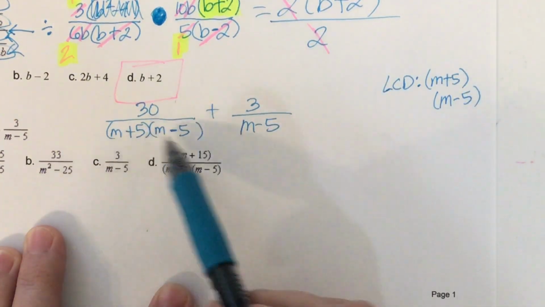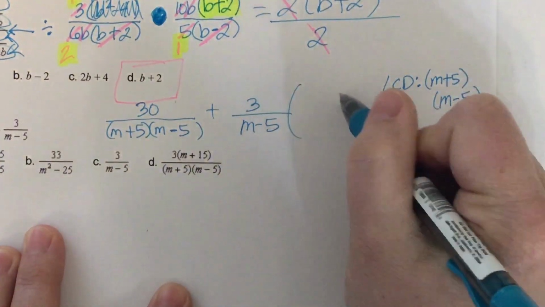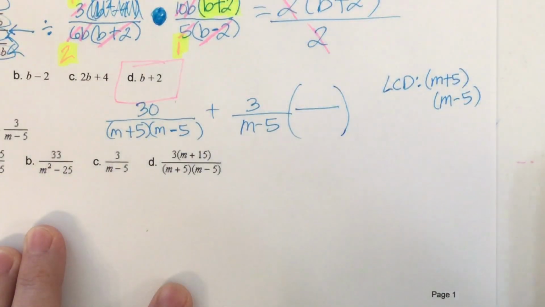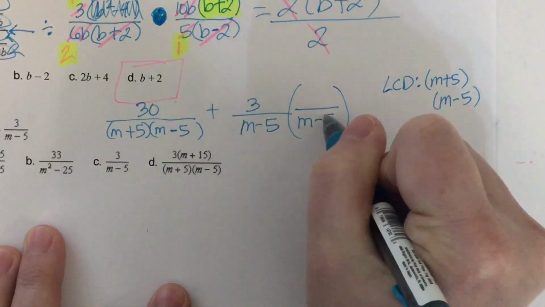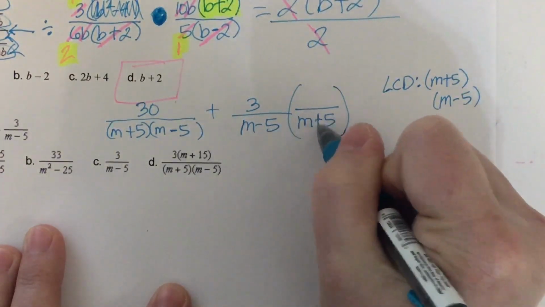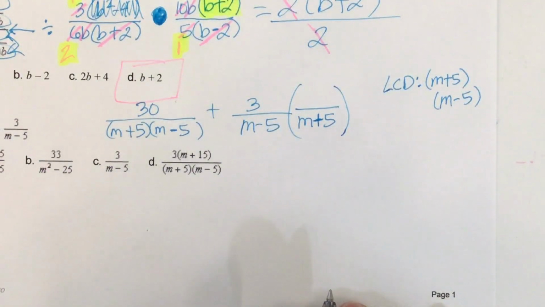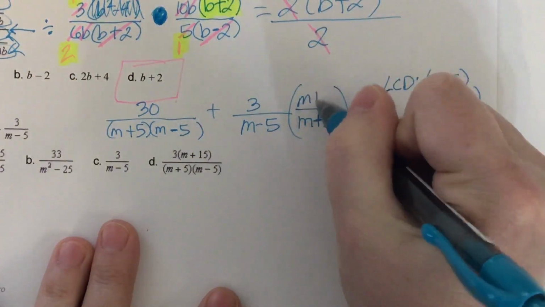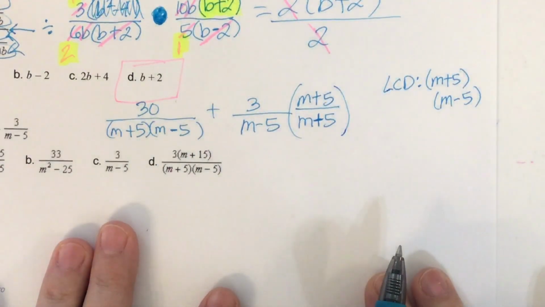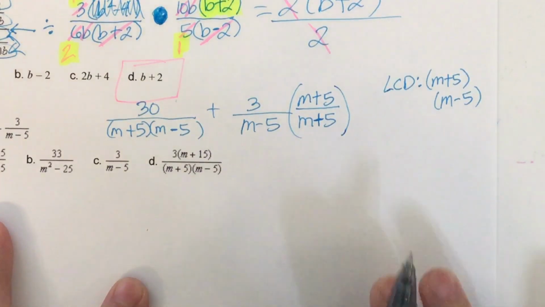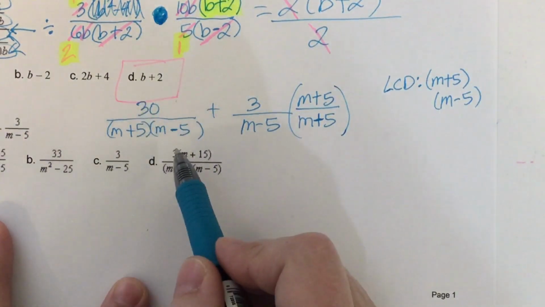So my first fraction's good to go, but my second fraction, who is he missing? The m minus 5. And if you multiply the denominator by m minus 5, you have to multiply the numerator by m minus 5. Okay, so my first fraction will just stay put.